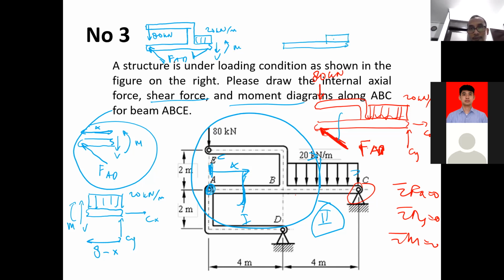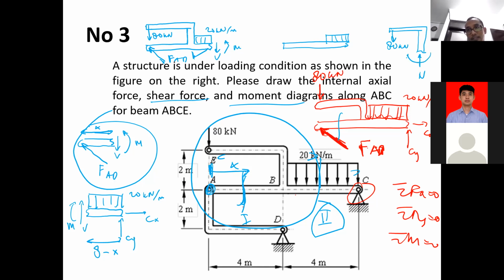Distributed force. But here, beforehand, we solve for this. Done. So there will be a normal force. And there will be moment as well.